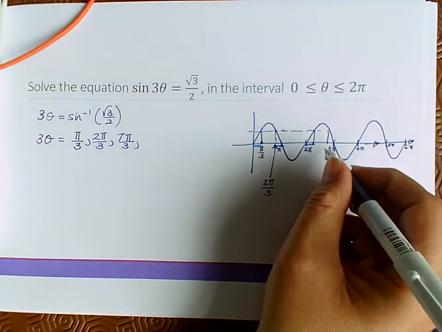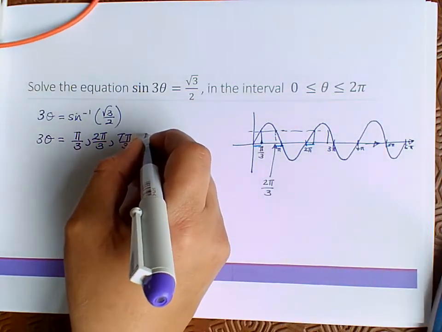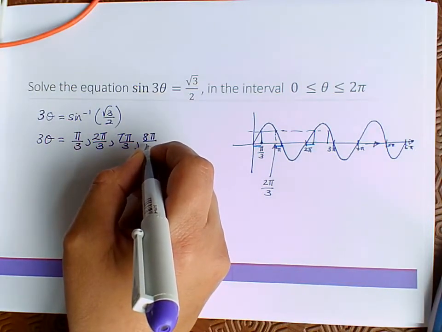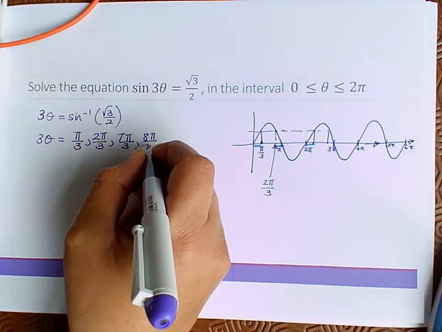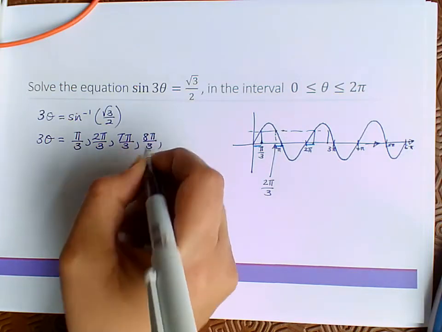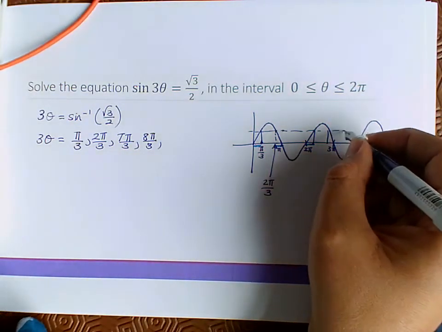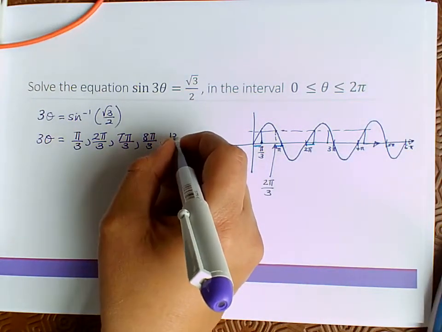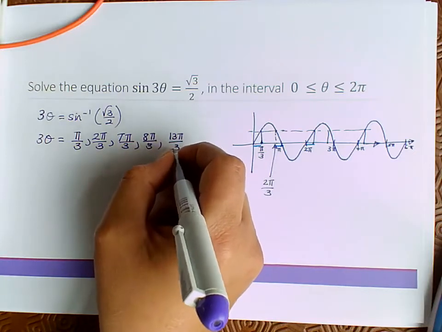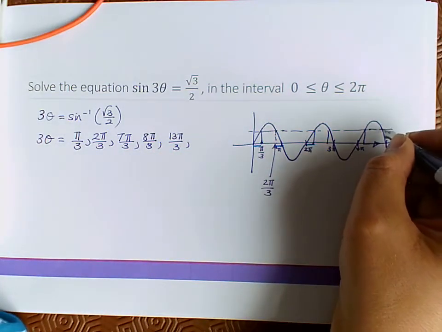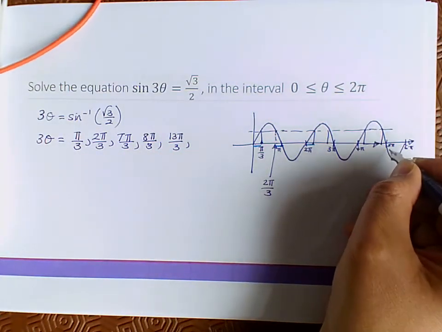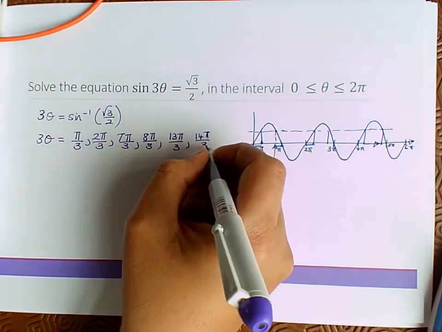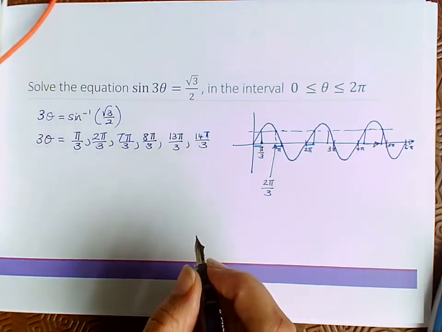So that's 1/3 off of 3 pi, so that's 8 pi over 3. Then here, a third onto that one, 13 pi over 3. And this one here, a third off of 5, so that'd be 14 pi over 3. And that should be all of them.